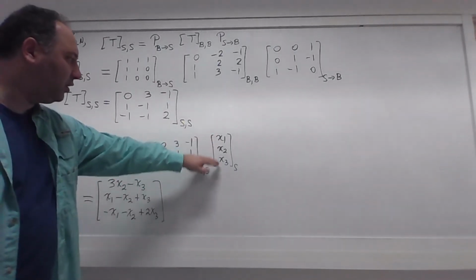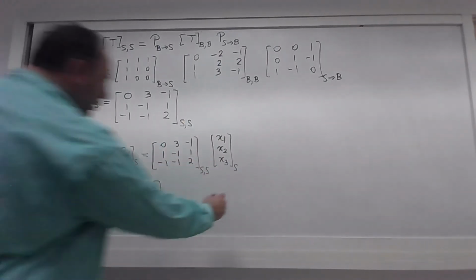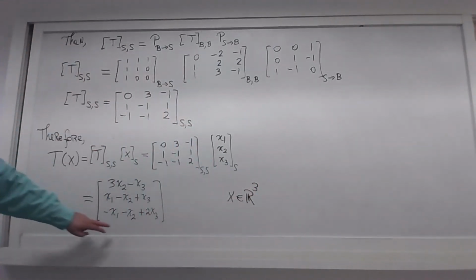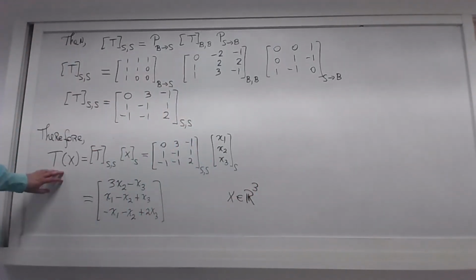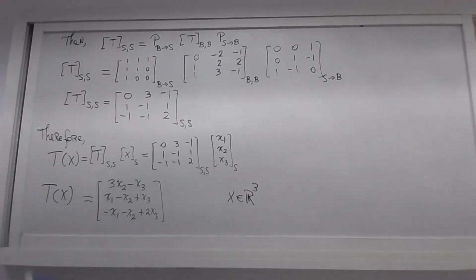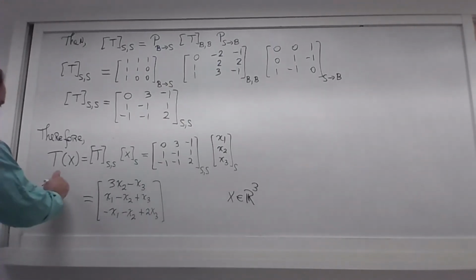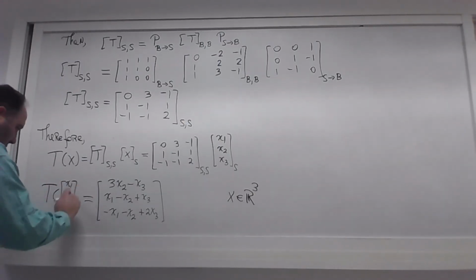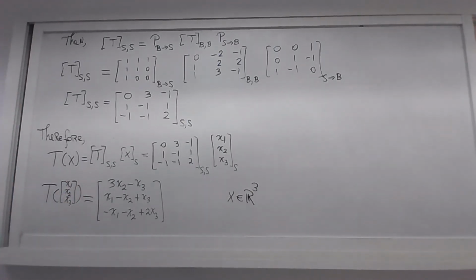X is some generic vector from R3, and we do the product and we get this. So T of X, our linear operator, which works on the vector, let's say x1, x2, x3, written explicitly. So this is our linear operator actually. It was a mystery all this time, but now we discovered what the linear operator was.